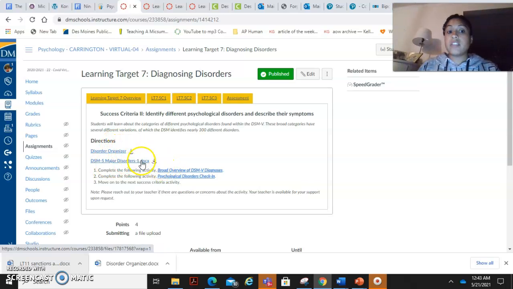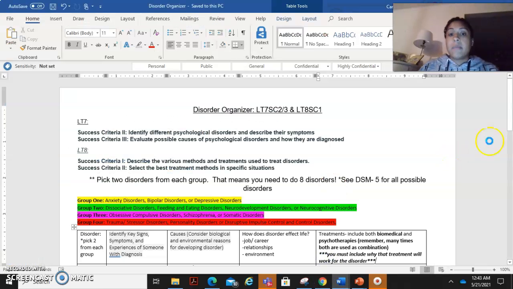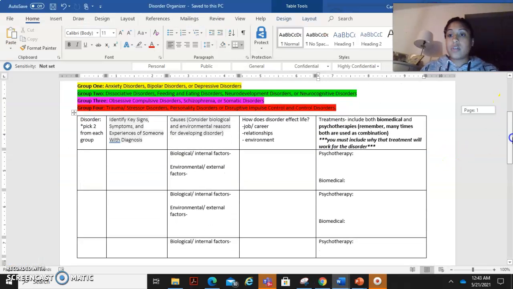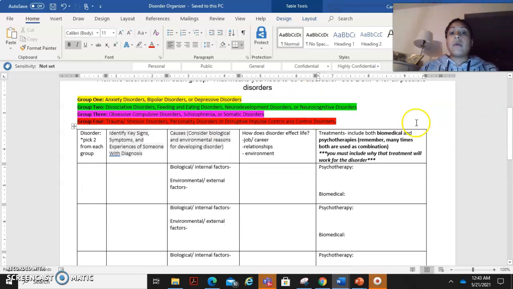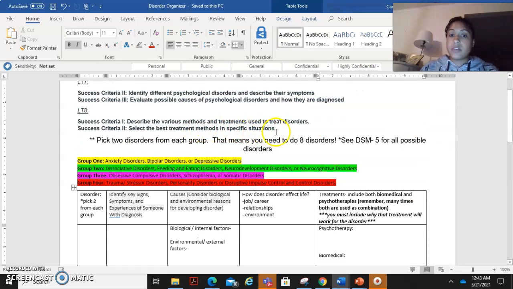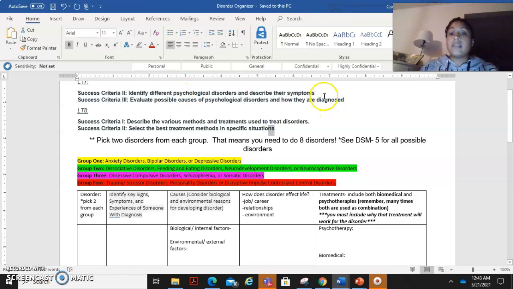You're going to write in this one. This is a resource. Okay, so we kind of went over this the other day, but this is the chart that you're going to fill out. Remember, here are the success criteria. We're going to look at symptoms, causes for disorders, symptoms of disorders, and then treatments.